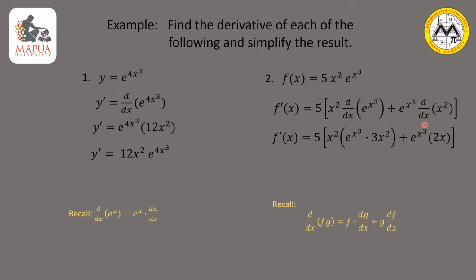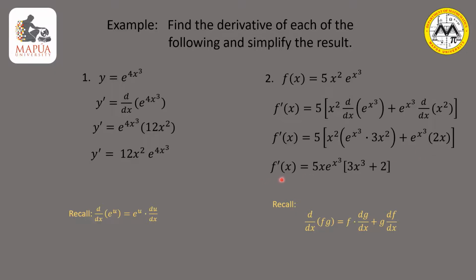Differentiating now the factors as indicated, then f prime of x would be equal to 5 times x squared times the derivative of e to the x cubed given by e to the x cubed times the derivative of x cubed, which is just 3x squared, plus the product of e to the x cubed with the derivative of x squared given by 2x.